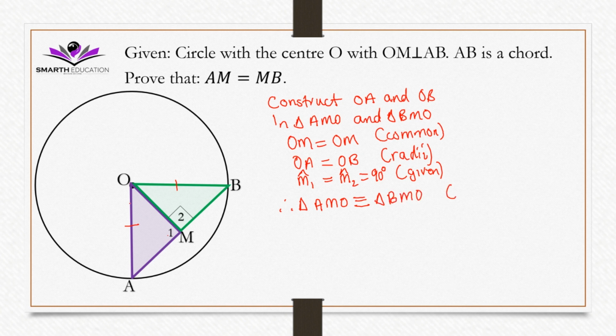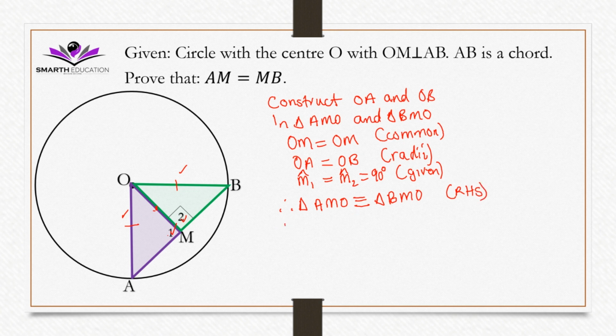And then the reason, if you check, these are right angled triangles, and OA and OB are the hypotenuses. So now we have right angle, hypotenuse, side, the common side. Okay, see that? Therefore, these two triangles are congruent.